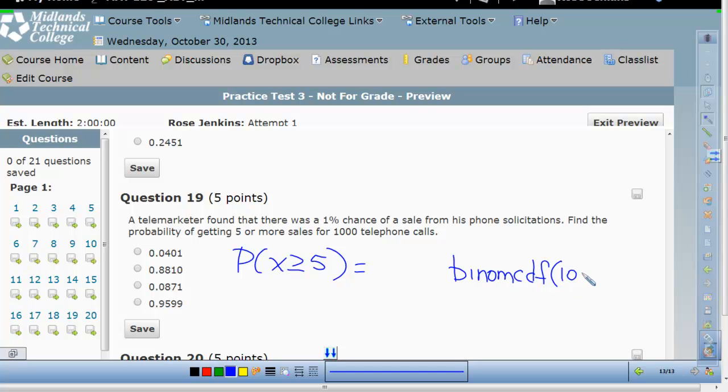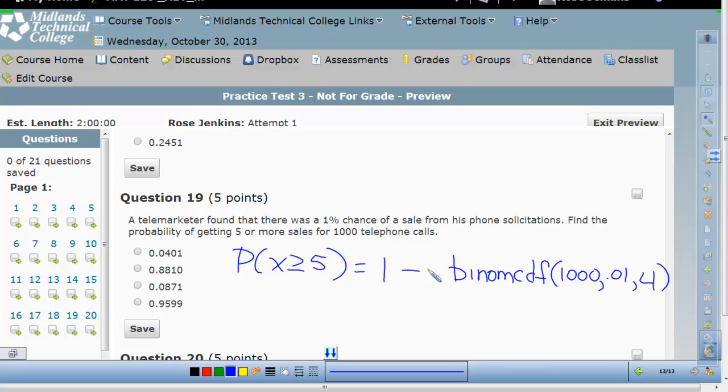N is 1,000. P is 1%, so 0.01. And X is 4. What am I going to do with that? Subtract it from 1.